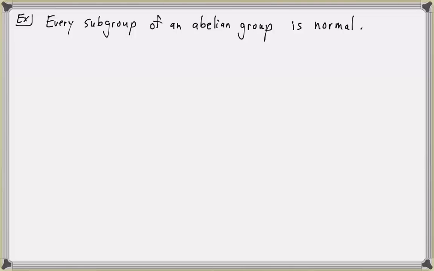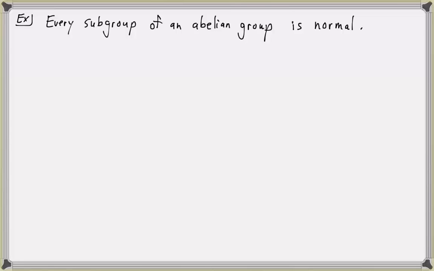First, note that every subgroup of an abelian group is normal. This is simply because you can commute the elements in an abelian group.